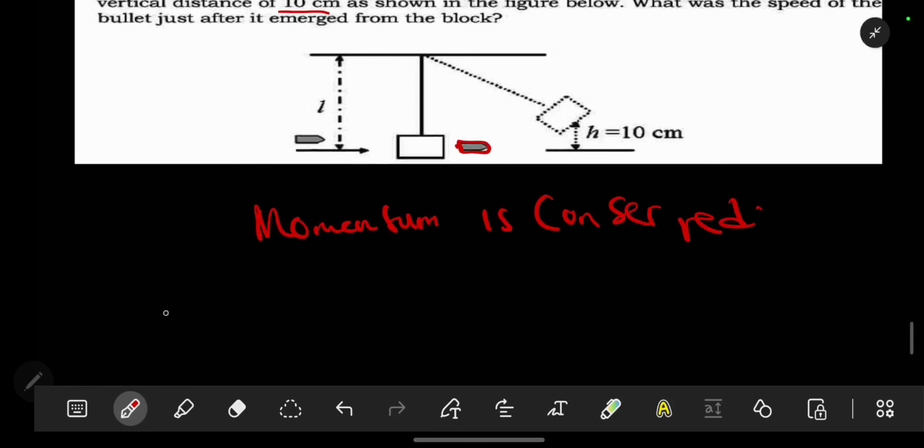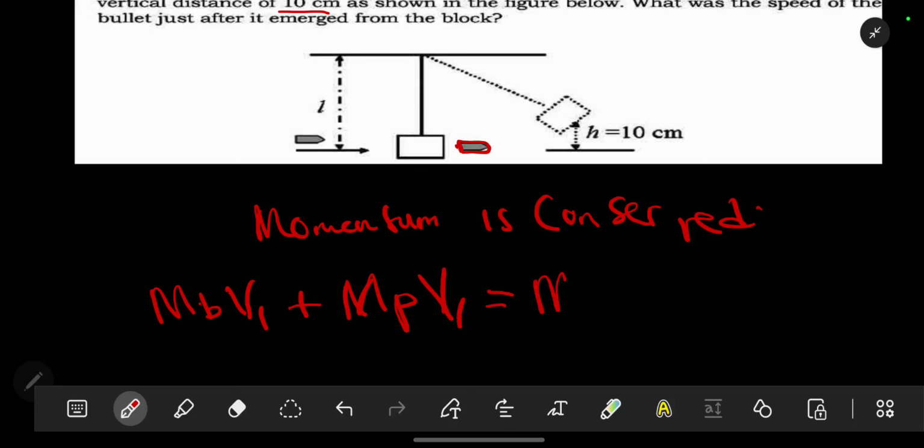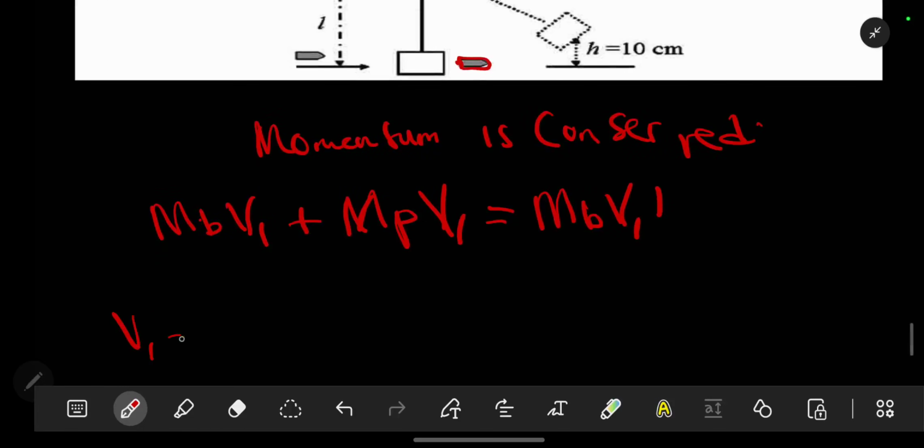We are going to have the mass of the bullet times the velocity, v1, plus the mass of the pendulum times its initial velocity, should be equal to the final velocity of the bullet.